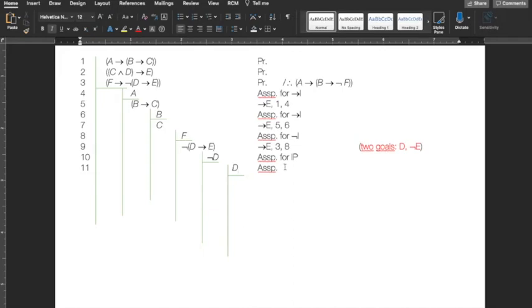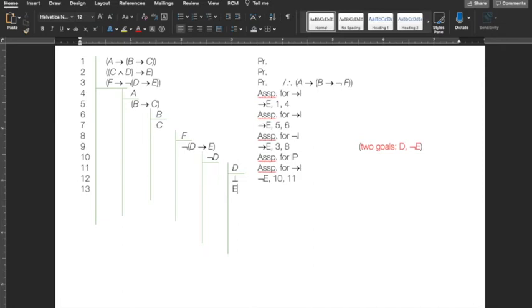So that's my assumption for conditional proof. Sorry, for conditional introduction. 12. That gives me a contradiction. Negation elimination, lines 10 and 11. That allows me, within the scope of this particular subproof, to add any sentence that I'd like.